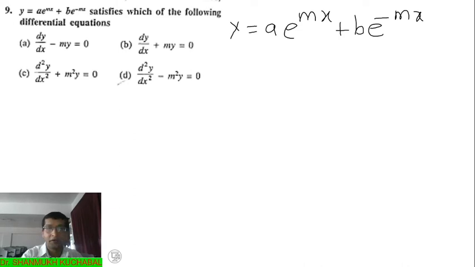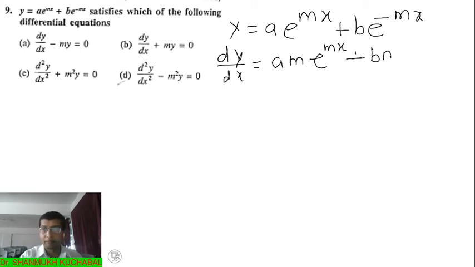Further, we'll find the differentiation of this. Differentiating, dy by dx equal to a m e raised to mx plus minus b m e raised to minus mx.